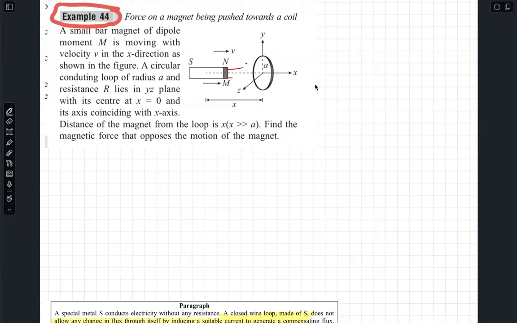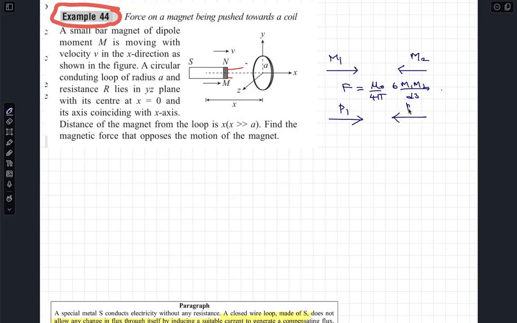For this, you need to recall if you have 2 dipoles like this, they will have a repulsive force given by mu naught by 4 pi times 6 m1 m2 by d cube, because I have derived the same thing with electric dipoles.